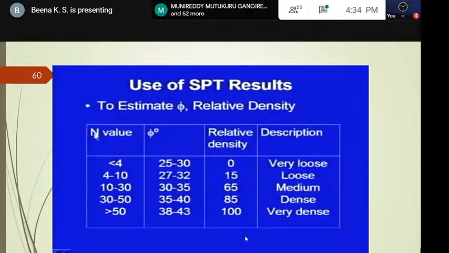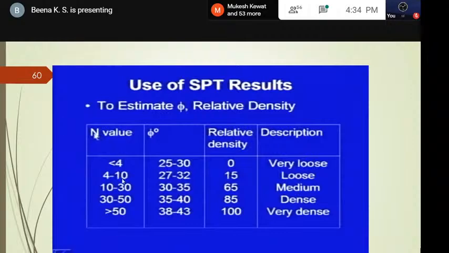When N is less than 4, normally we take phi as 25 to 30, and the relative density as very poor, very loose soil.